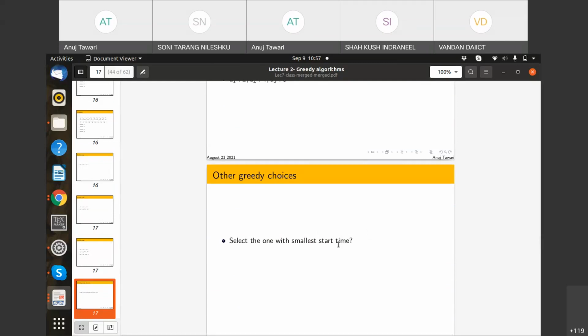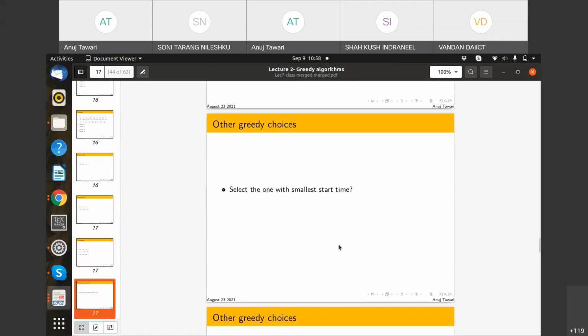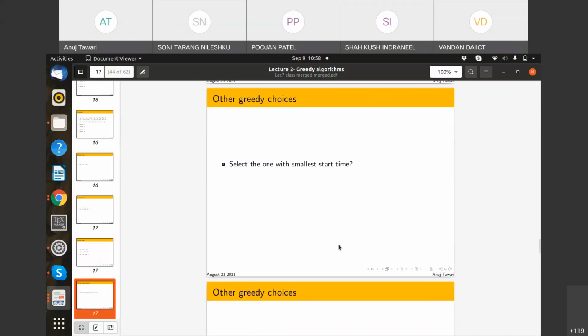Why won't this work? Yeah, if there is any activity which has a very large duration and starts early, exactly.